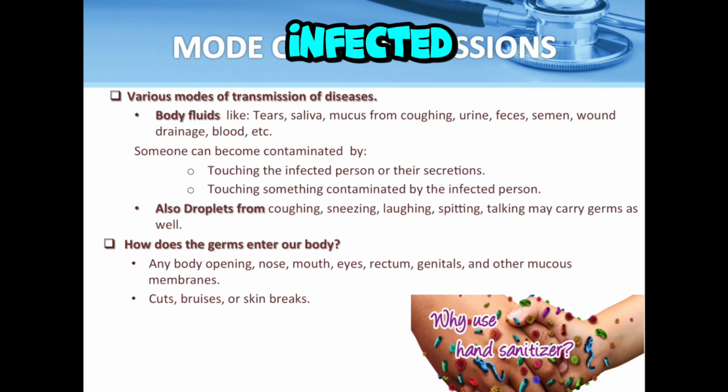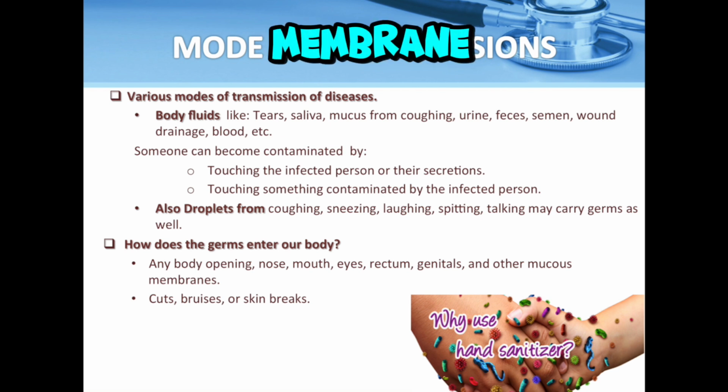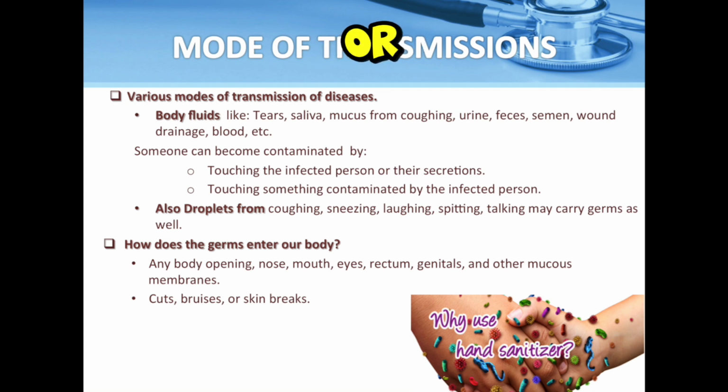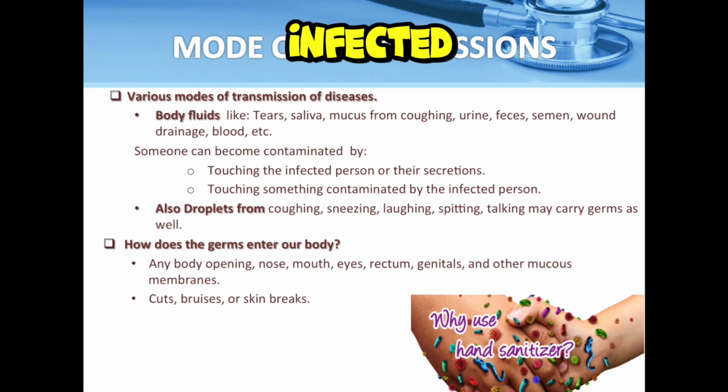How do germs enter our body? Through any opening they can find: nose, mouth, eyes, rectum, genitals, and other mucous membranes. If you have cuts or bruises or skin breaks, you want to protect them, otherwise you can be infected that way as well.